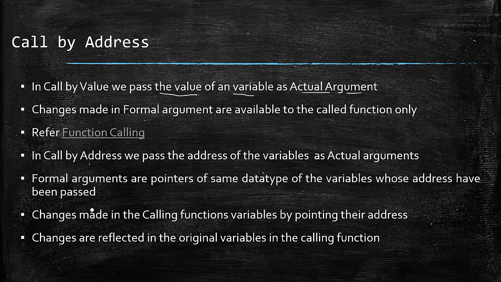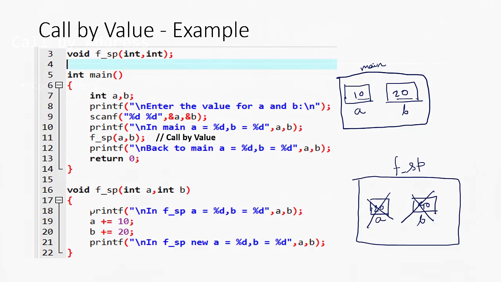As we are passing the pointers of the variables, it is possible to make changes in the calling function variables by using their pointers. As we can change the actual address, the changes will be reflected in the original variable in the calling function. So let us discuss that with an example.